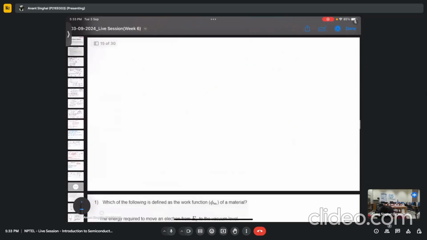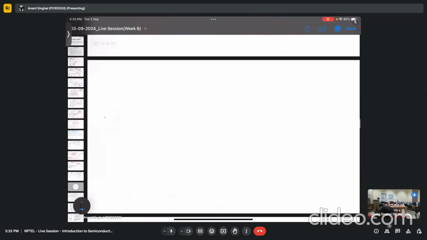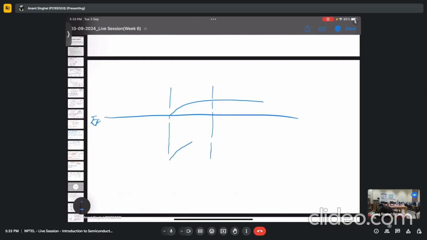So let me try to make the contact diagram now. Let's say I have the Fermi level aligned. So what has happened now? This will be EV and this will be EI. So we have a single Fermi level.